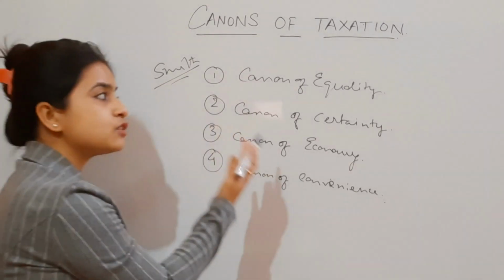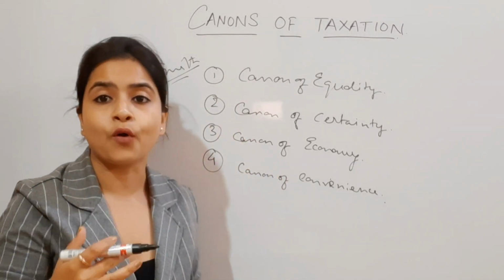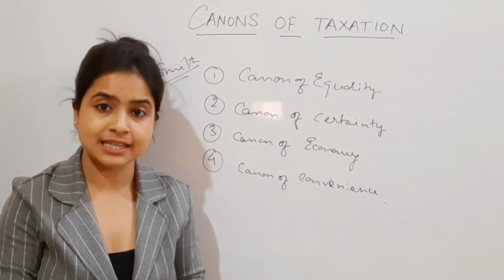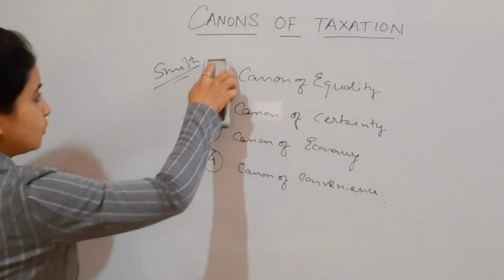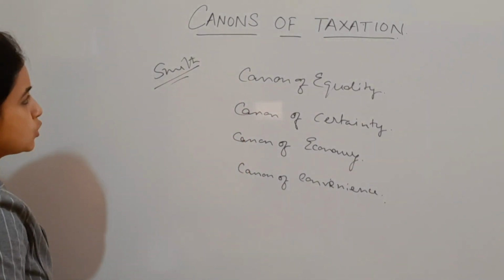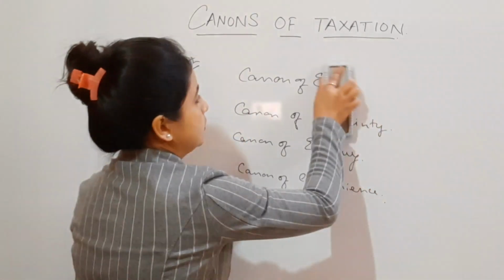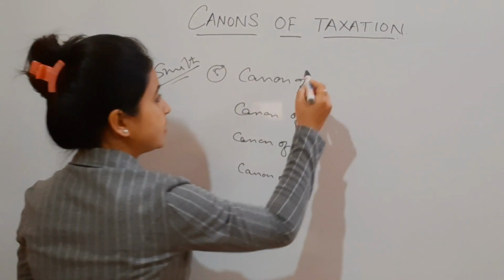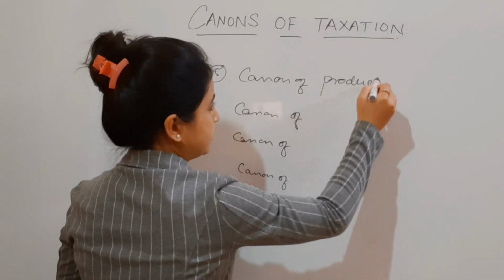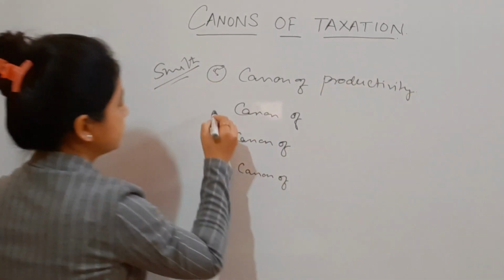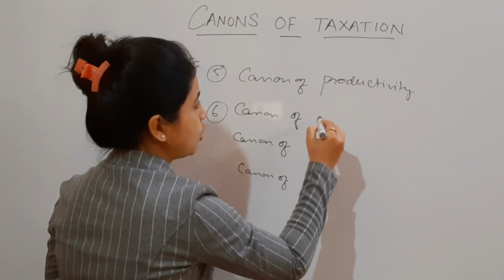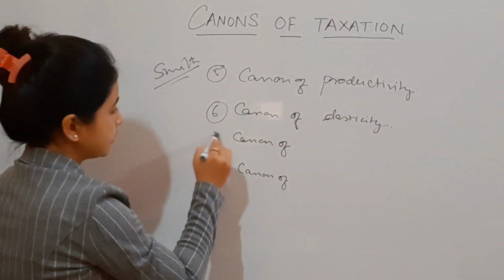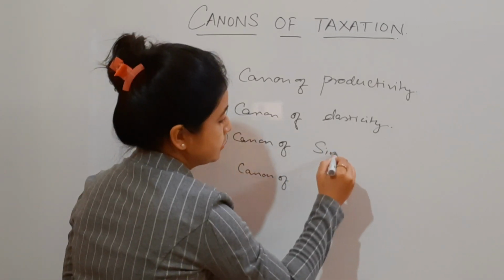Now, in addition to these canons, the existing modern governments have come up with a few more canons. Starting with number 5, the canon of productivity. 6, canon of elasticity. 7, canon of simplicity.